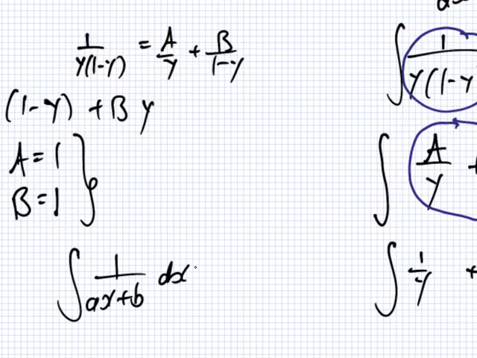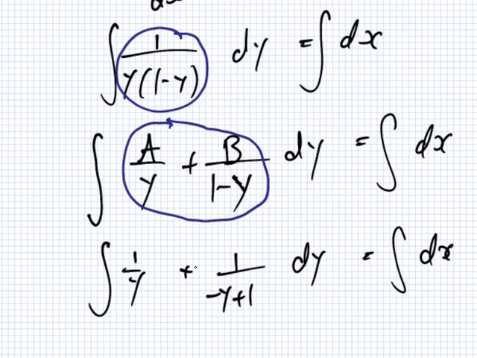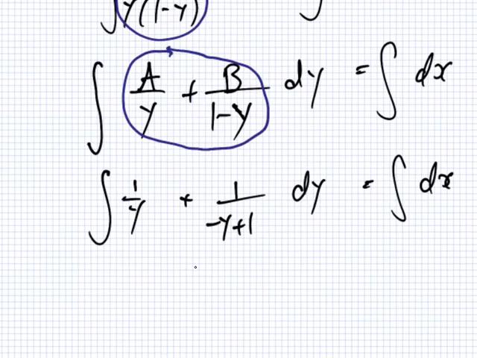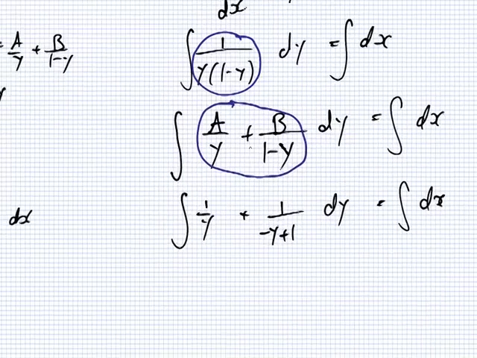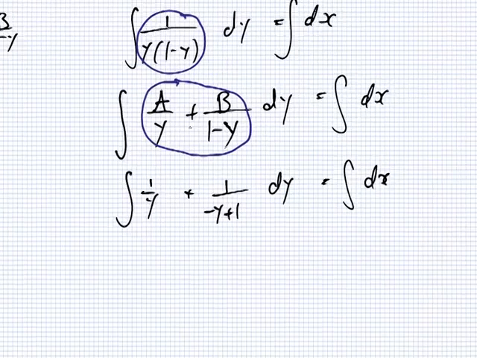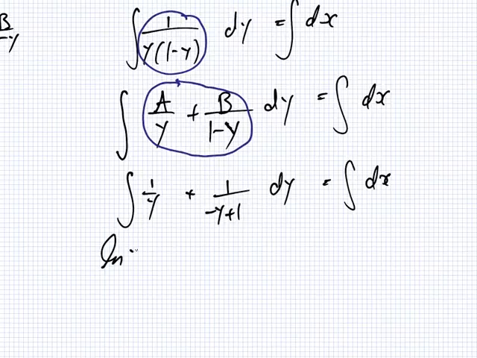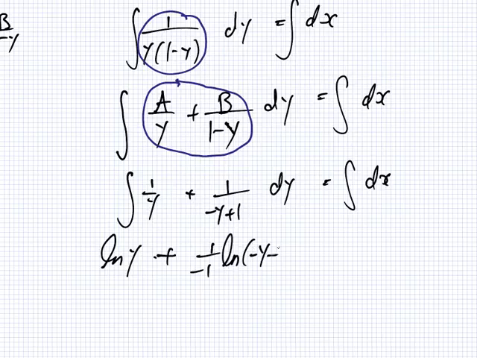So the first one will be log y, and the second one, if you want to be very clear, is plus 1 over minus 1, because the a is minus 1. Log of 1 minus y equals x.